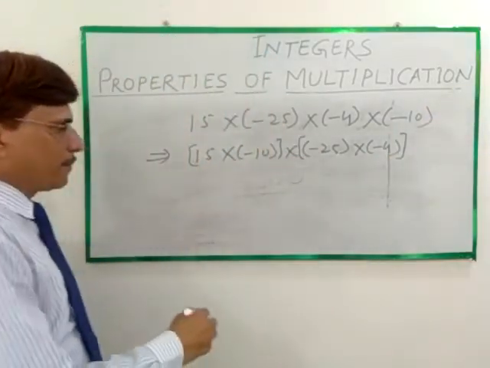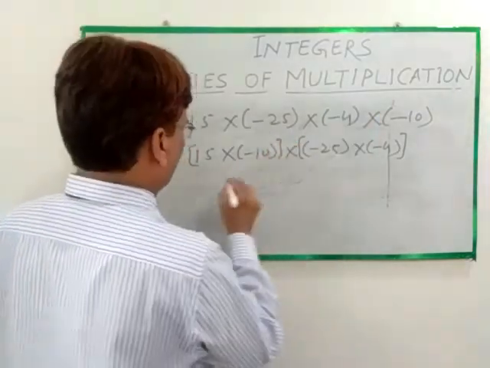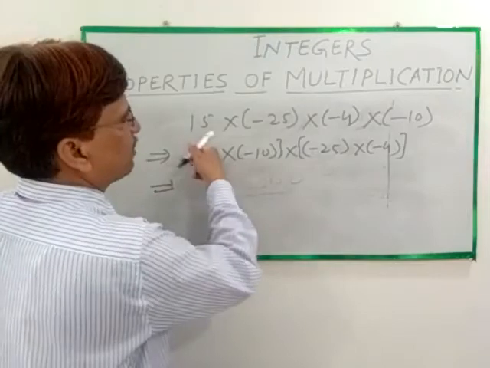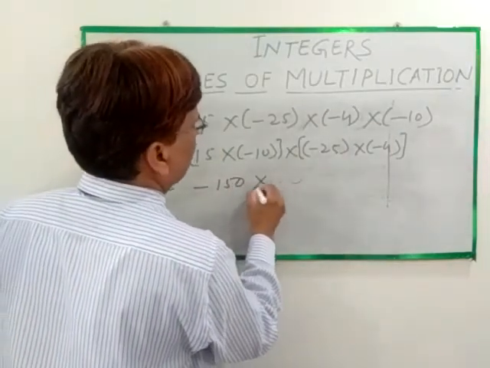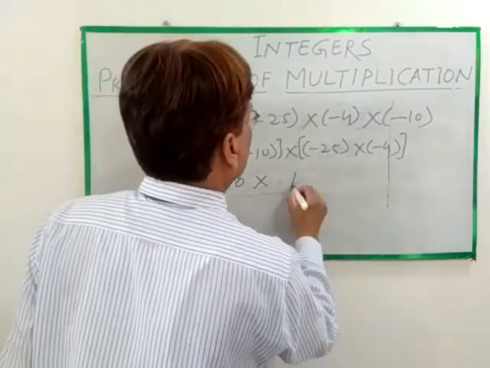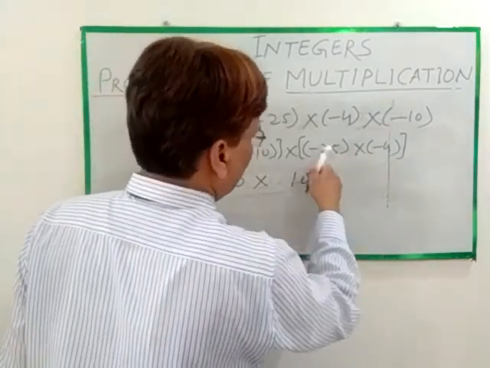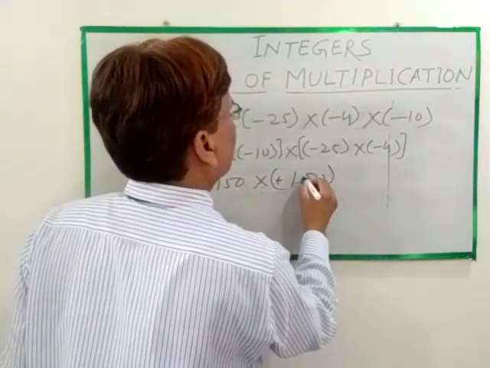Okay, it is easy to multiply -25 by -4 and 15 by -10, -150. 25 times 4 is 100, minus into minus is plus, so plus 100.